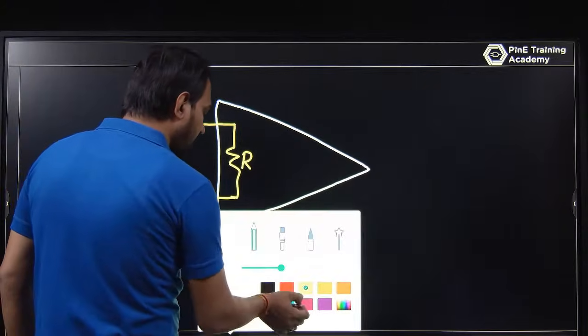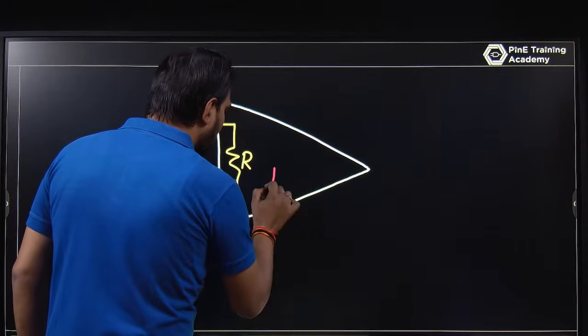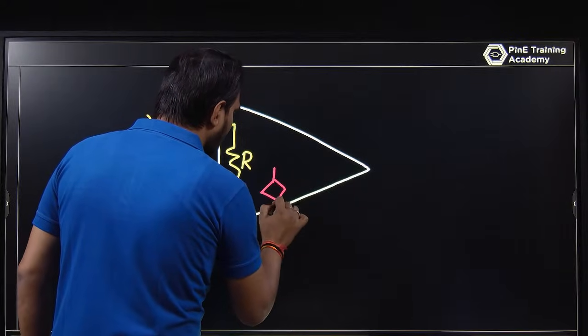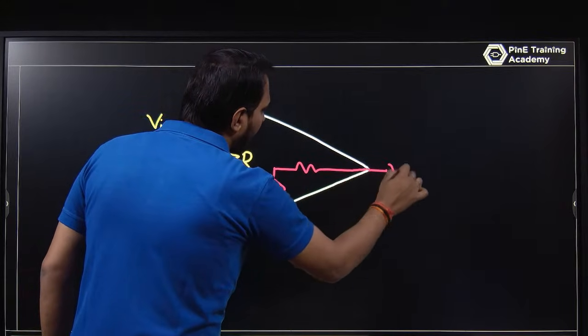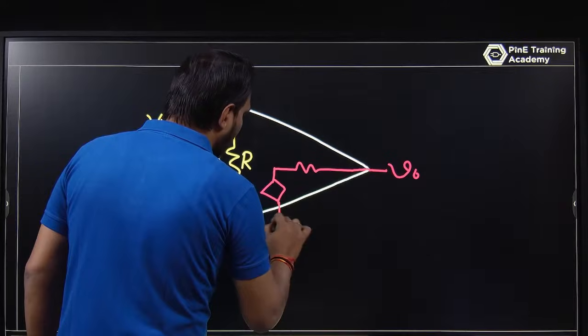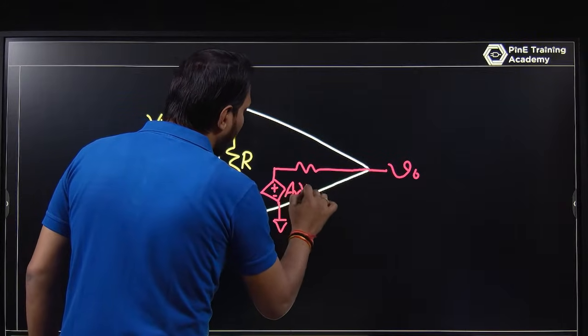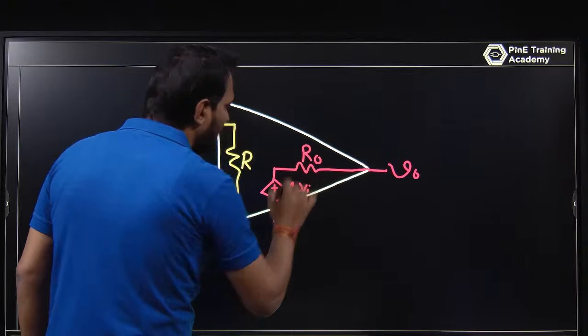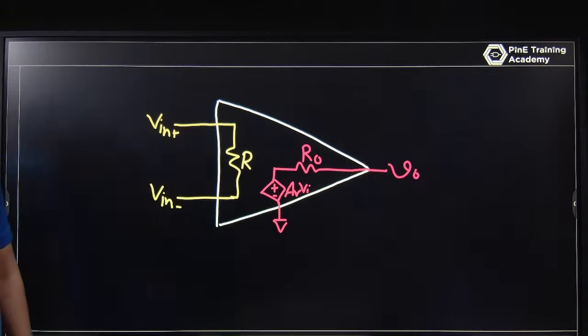And there is a voltage source, and you have a resistor. This is your V out, and I am representing it like this. This is AV times Vi, and this is R out. This is the internal architecture of the op amp.